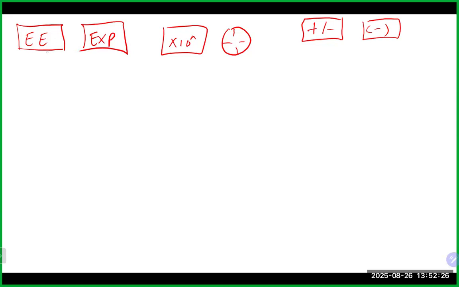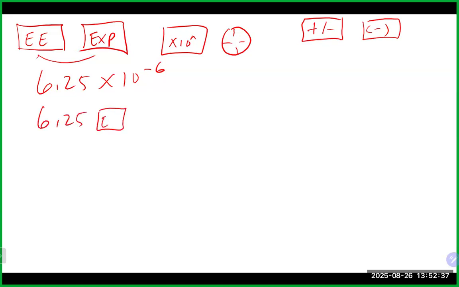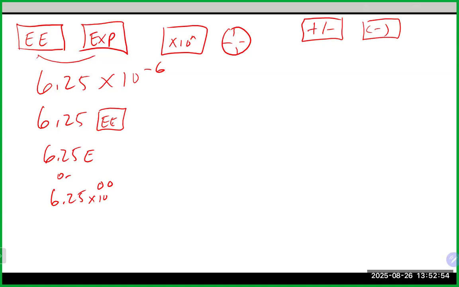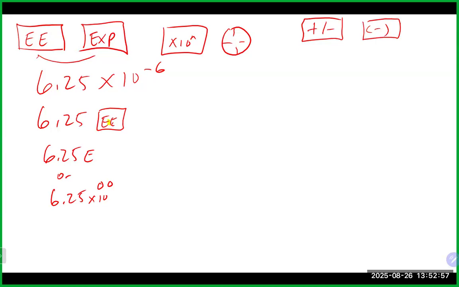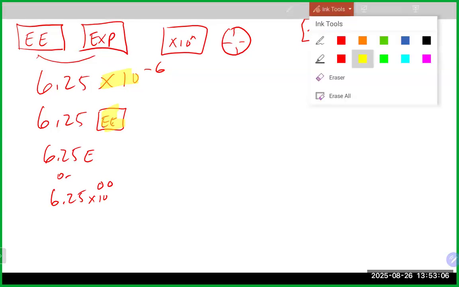So when you are punching something into the calculator, you want to make sure that you do it correctly. So if you're going to punch this in, we'll talk about these buttons first. You would go 6.25, you would hit your exponent button. That will pop in 6.25 on your display, probably an E, or you may have on your display a couple of zeros pop up, or maybe times 10 in there as well. Once you hit the exponent button, it represents this part of the number, which means you should not use the multiplication button unless you don't want to get the right answer.